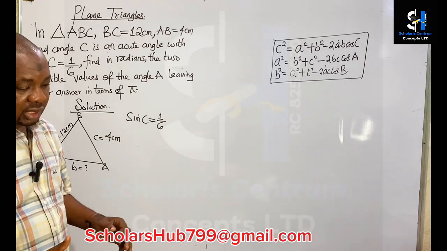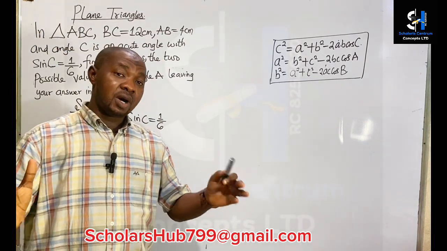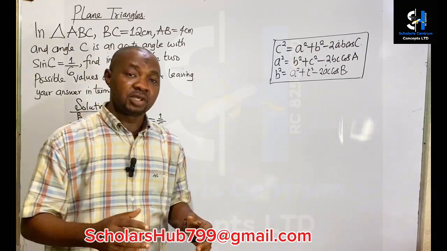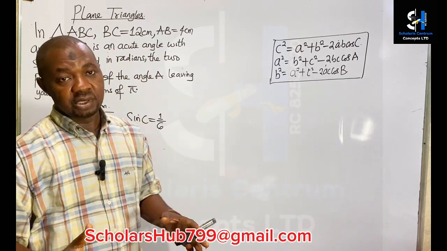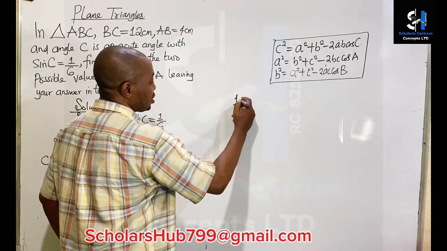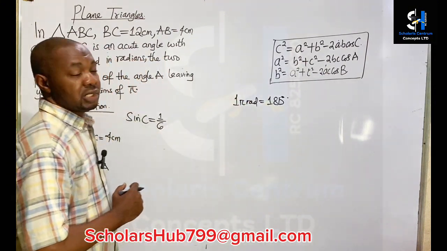Now, don't forget that when it comes to a triangle, the range of values for the radian measures or the degree measures will be between 0 degrees and 180 degrees. And we know that 1 pi radians equals 180 degrees.